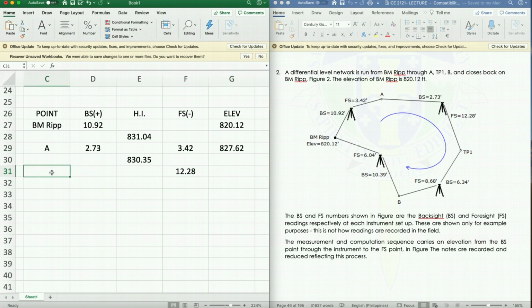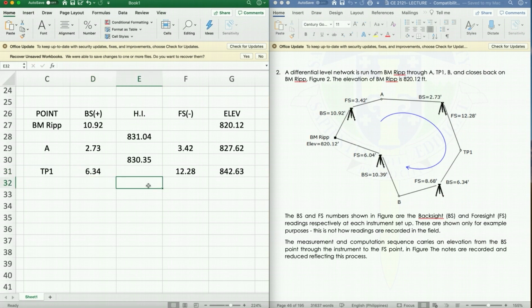So we are already in TP1. The elevation is equivalent to this minus this. Sorry, it should be minus, HI minus FS. Then we have our backsight for TP1, which is 6.34.